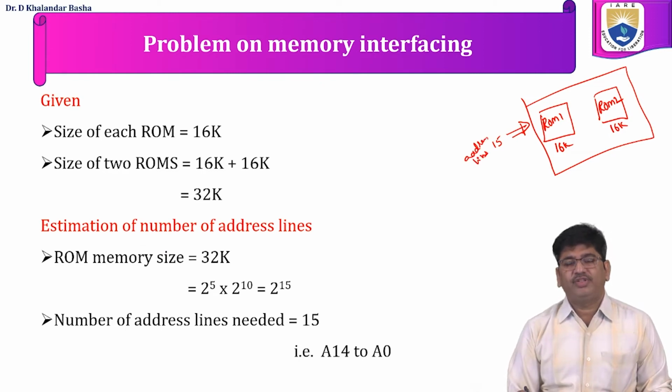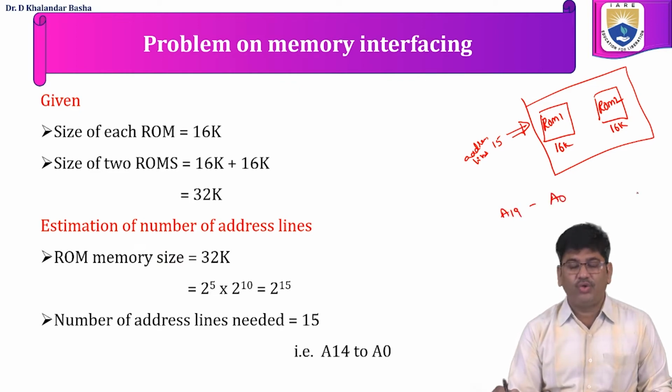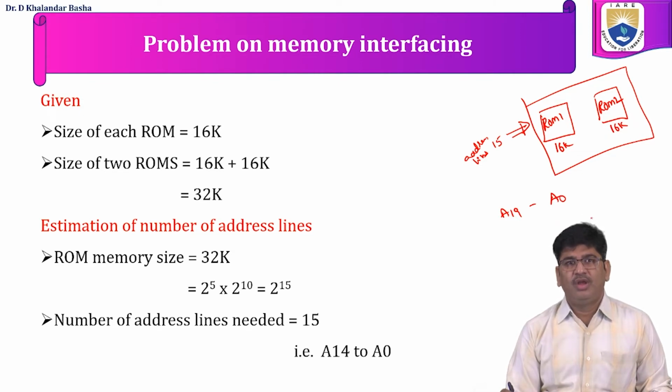In the address space of the 8086, we have 20 address lines, from A0 to A19. Out of these 20 address lines, we require 15, so we select from the lower end, that is A0 to A14. So A0 to A14 are the address lines required for accessing any one memory location of the given ROM blocks.